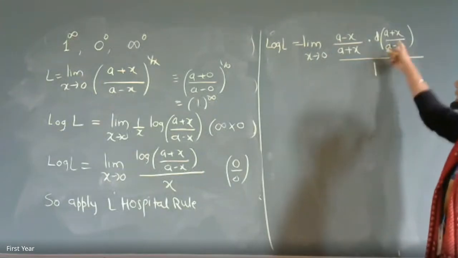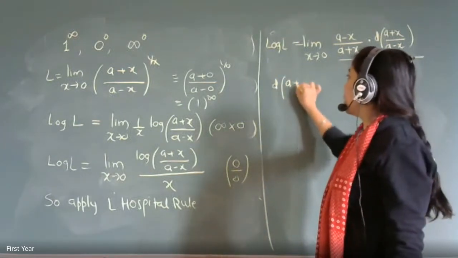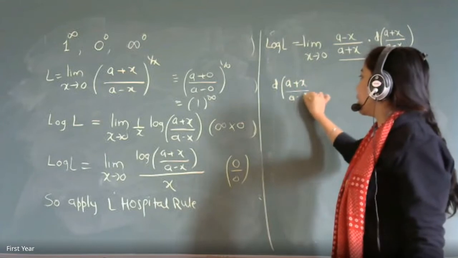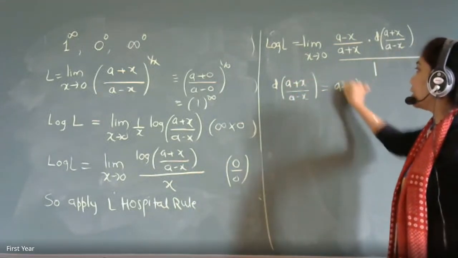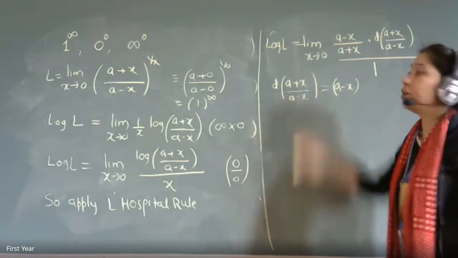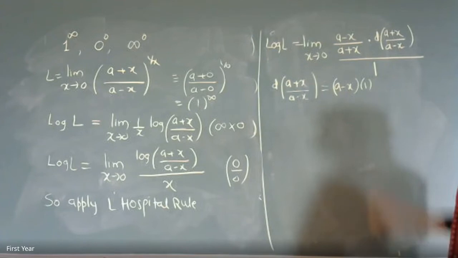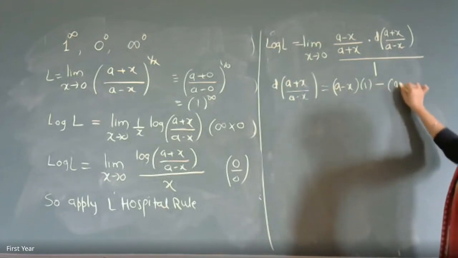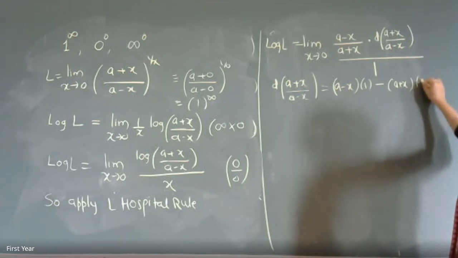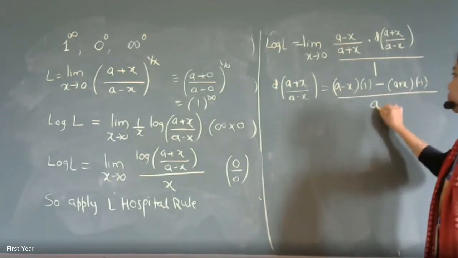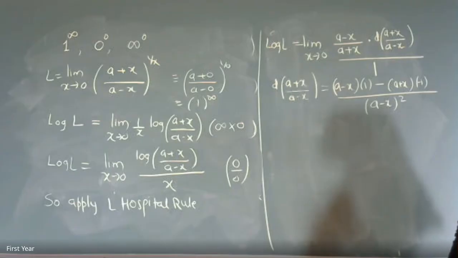So the derivative of (a plus x) upon (a minus x) is (a minus x) into the derivative of u, that is 1, a is constant, minus (a plus x) as it is into the derivative of the denominator, that is minus 1, upon (a minus x) the whole square. Is this okay? I have used the u by v rule.